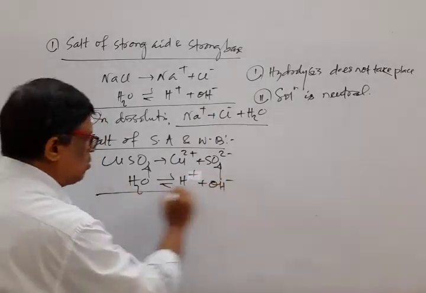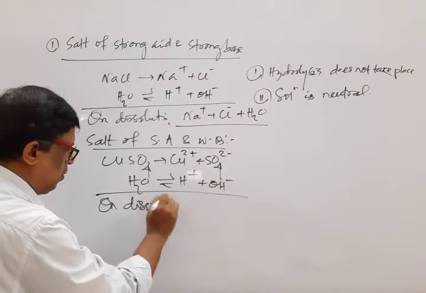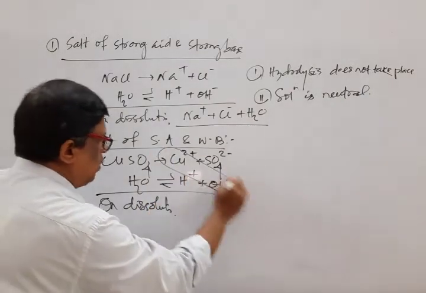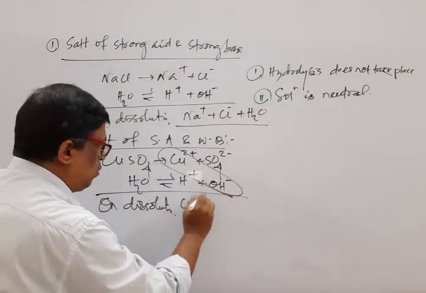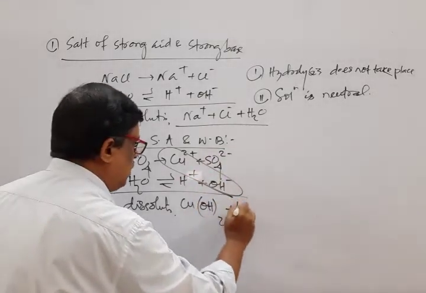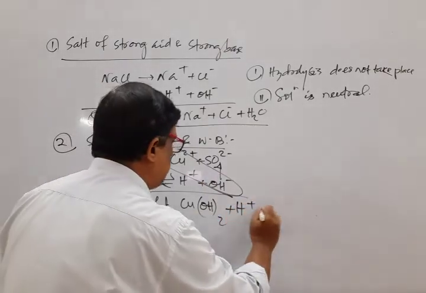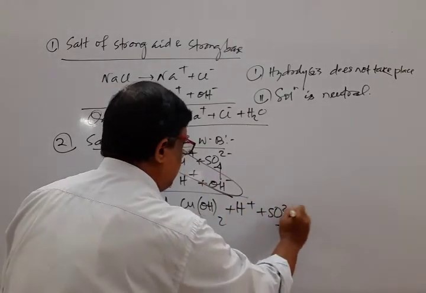So what we observe on dissolution, there is the interaction of the cation of the salt to form copper hydroxide, which remains as such because it is a weak electrolyte, resulting in the formation of H plus and SO4 2 minus.